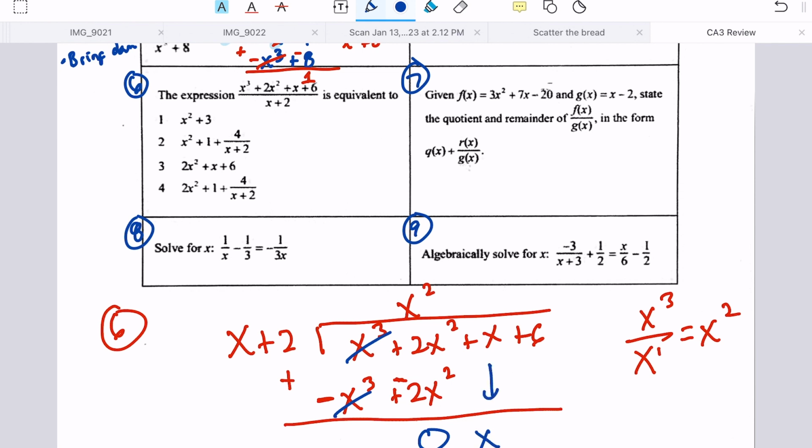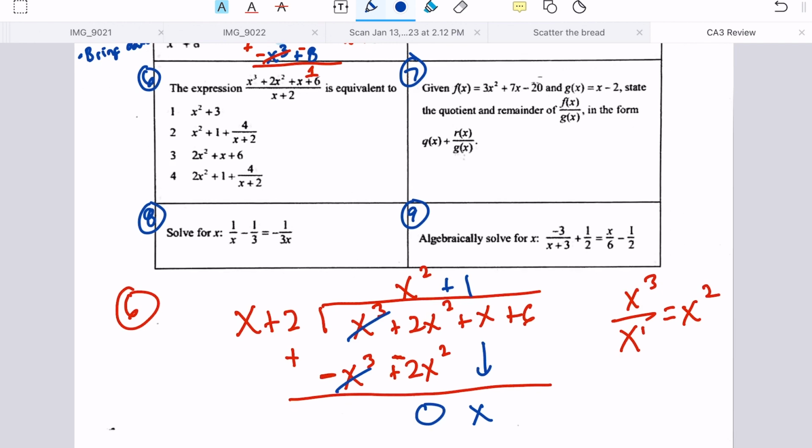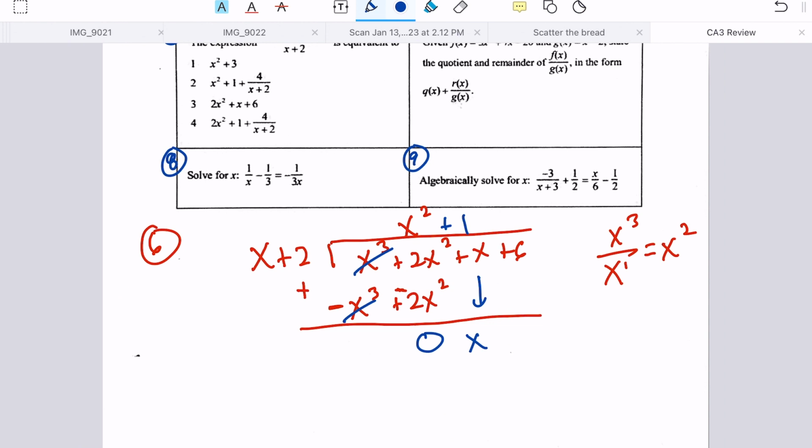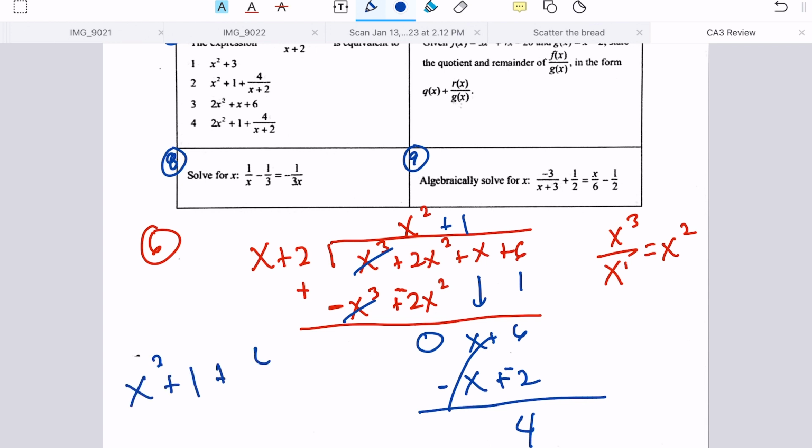How many times does x go into x? Well, that's going to be 1 time. 1 times x is x. 1 times 2 is 2. And then I guess we can bring down the 6 as well. So that's going to become negative, negative. That cancels out. So we get 4. So that's going to be x squared plus 1 plus 4 over x plus 2.